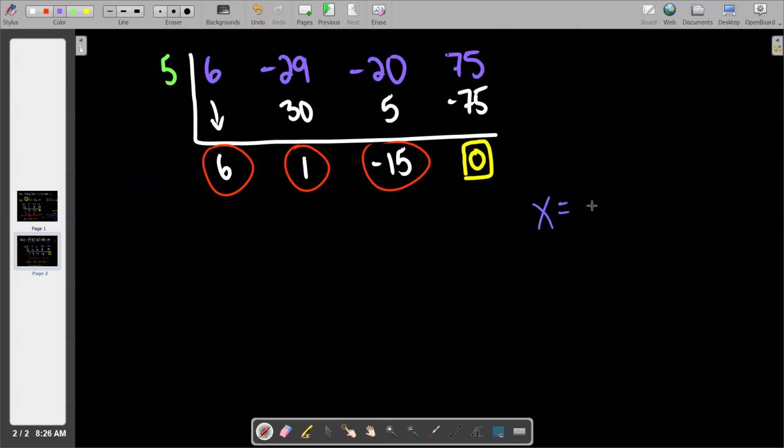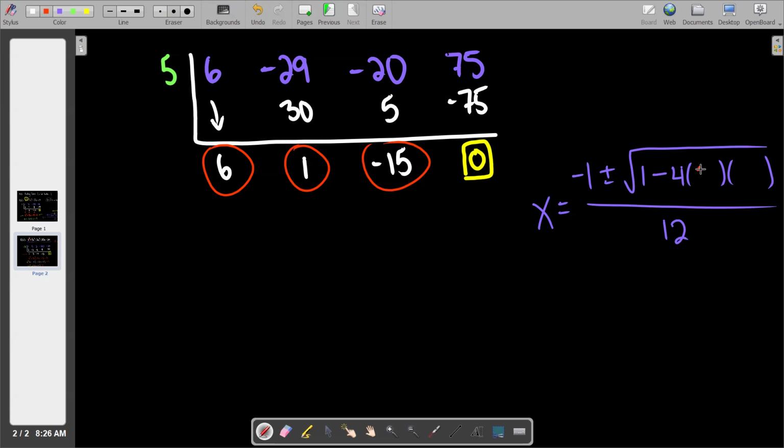X equals what? Negative 1 plus or minus 1, all over 12. And then the blanks go. So I think we have another plus, right?